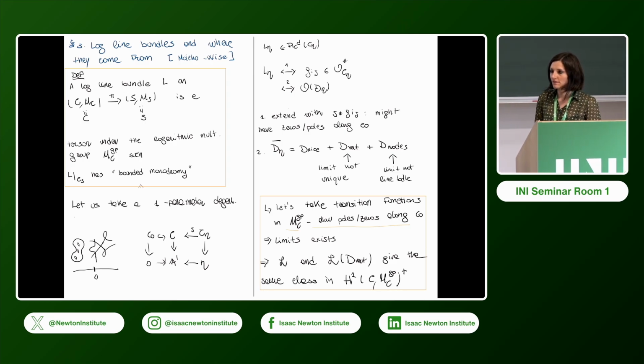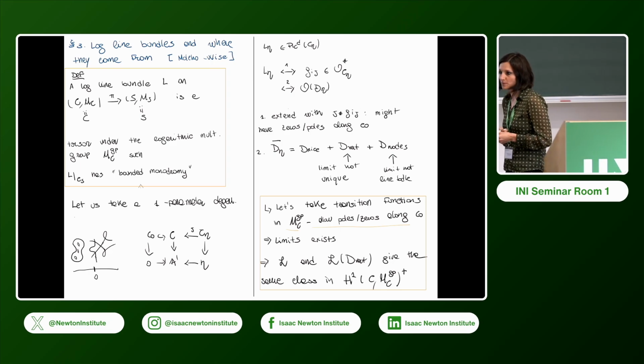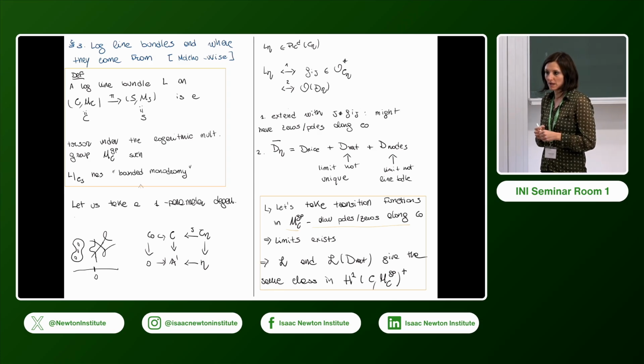I thought that you can always extend a line bundle if the total family is smooth. That is true. If the total family is smooth, you can always extend the line bundle. But no, I'm not under this assumption.